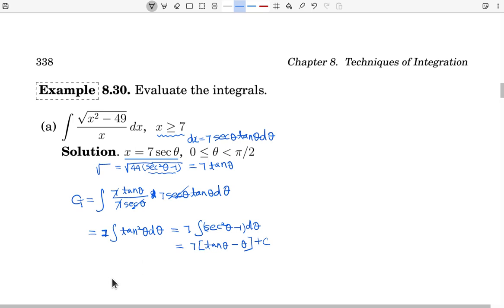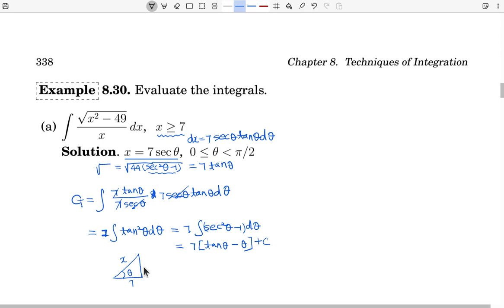So if you draw the reference triangle, if this is theta, then the hypotenuse is always larger than or equal to 1, so this x is the larger side, and the adjacent side is 7. Here sec theta is x over 7, right?